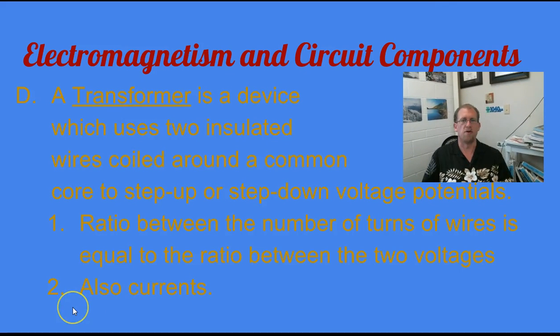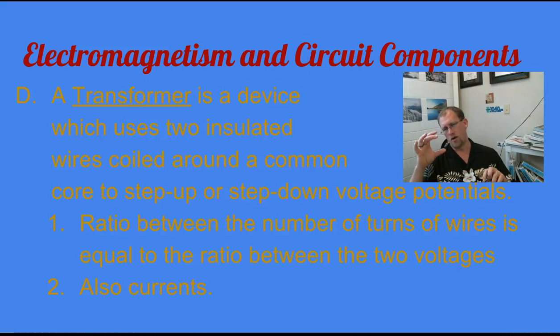Okay, transformers, another electronic device you should be familiar with. This is not the talking robots from space, right? These are electrical components that use two insulated wires wrapped around a common ferromagnetic core to step up or step down voltage.